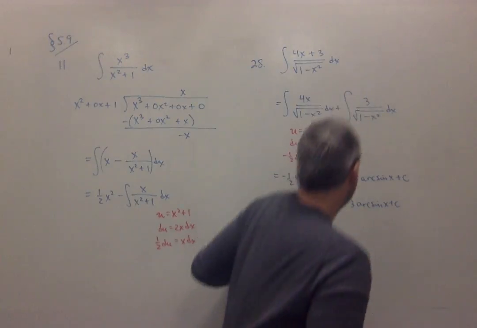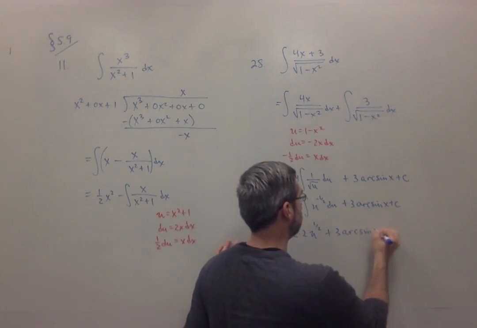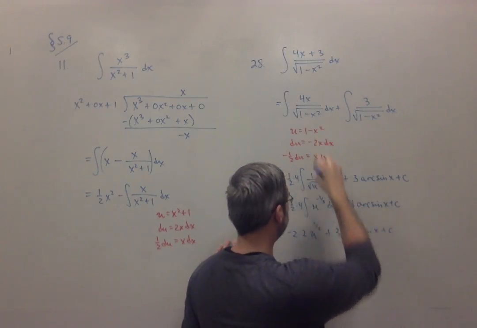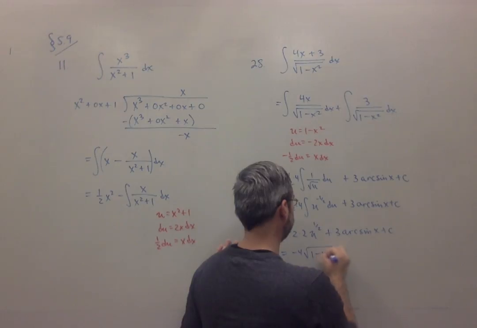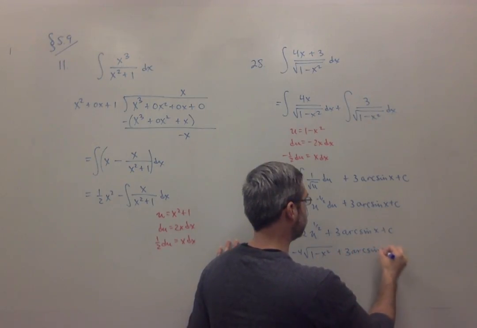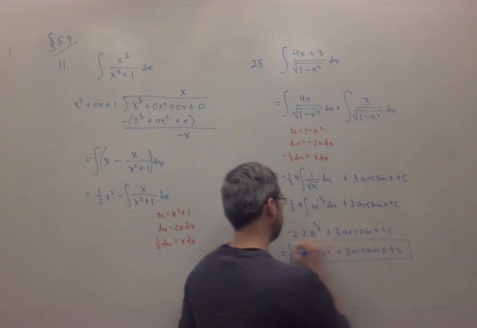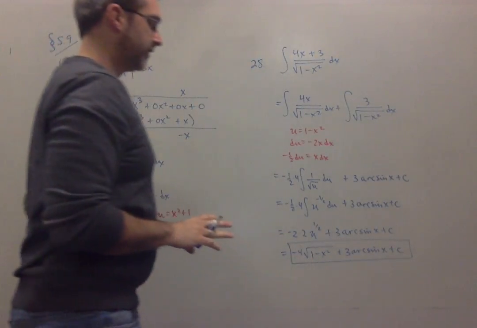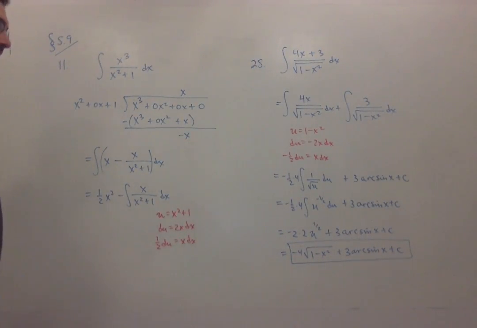And then you're just going to stick your u back in. So negative 4 square root of 1 minus x squared. Okay, so the key here is just to be sure to split that integral, because you're going to work with it in two different ways. The second one is just an arc sine, but the first one you actually have to do a u substitution. Okay?